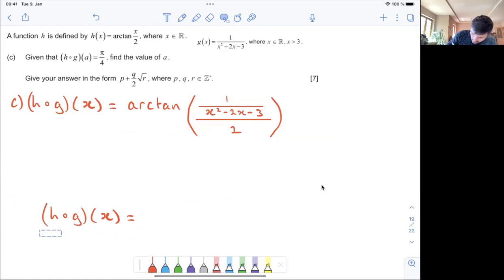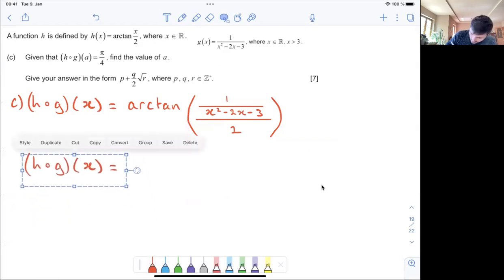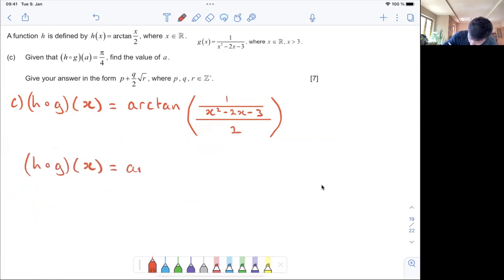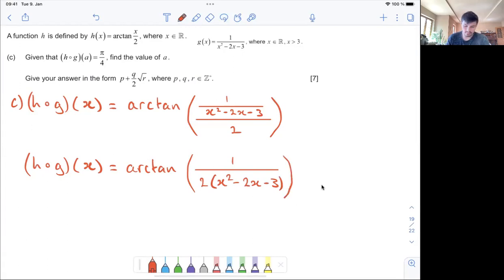All right, cool. So we can clean this up a bit and call it arctan of 1 over 2 multiplied by the denominator, so x squared minus 2x minus 3. Cool, and then now we have an expression for h of g of x.